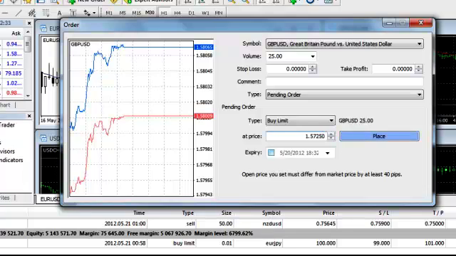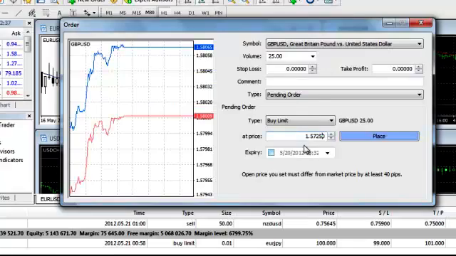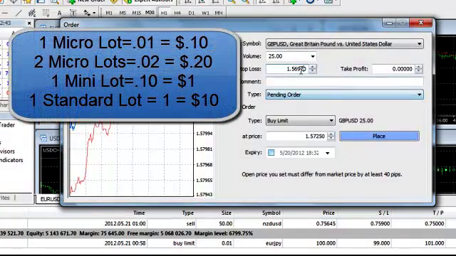Our stop was 1.5692. Oh, one more thing before I finish. You have to put your volume in first. See the price? As soon as I change the number of lots to 300, it wipes out that price. So enter your number of lots first.